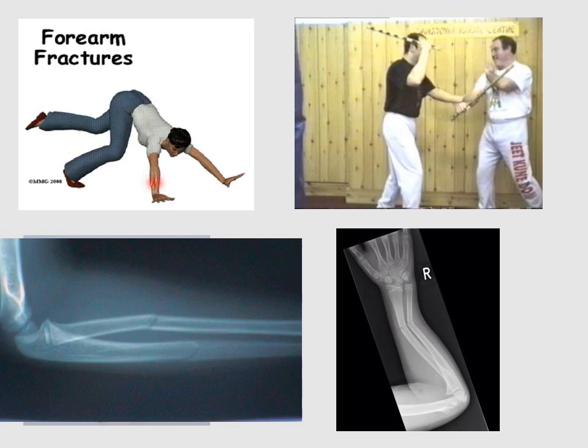Fracture of both radius and ulna happens either by direct blow or trauma of the forearm, by indirect twisting or falling down on an outstretched hand.